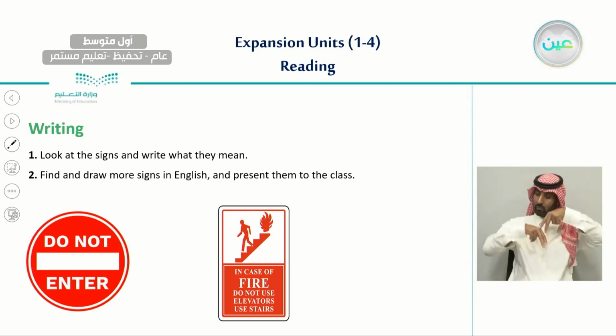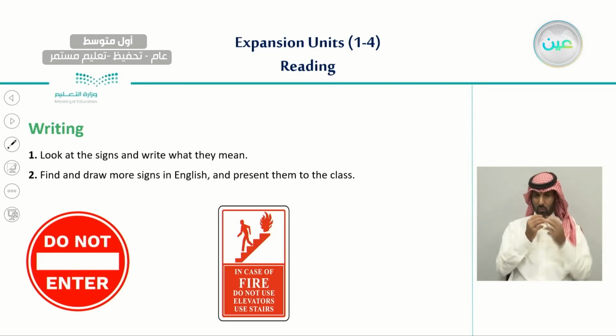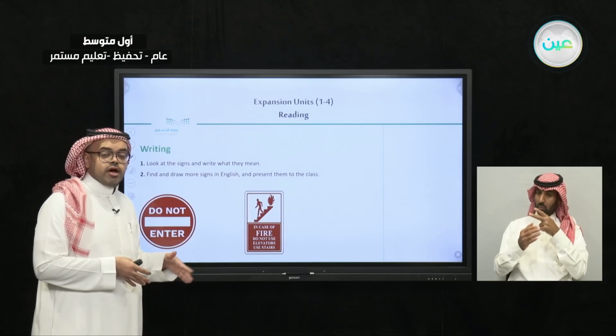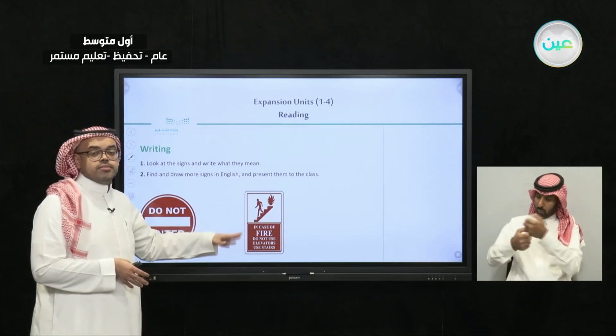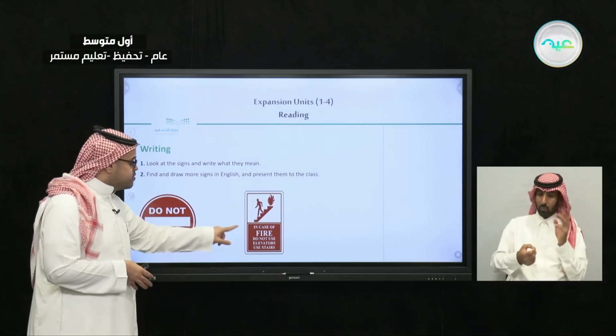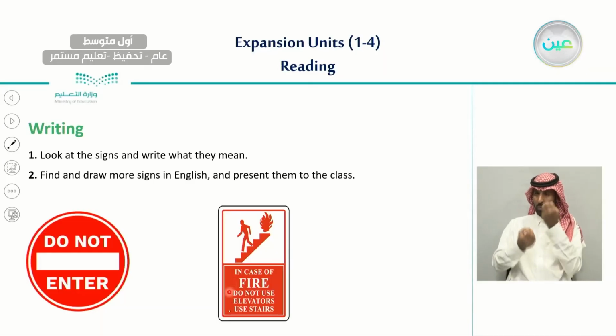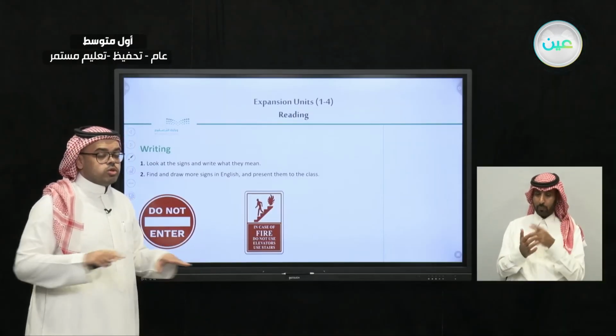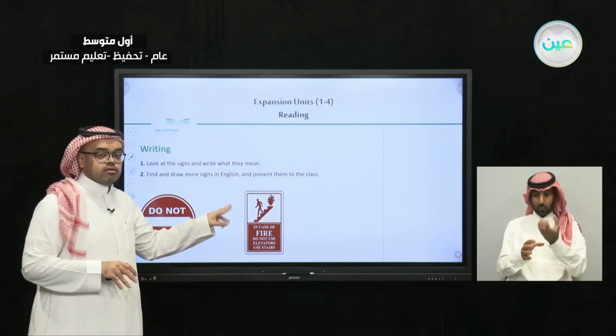The second sign here, and of course this is for emergency. If you are in a building, next to the fire exits, you will see similar signs. This sign says, in case of fire, do not use elevators, use stairs. So when there is a fire in the building, it's recommended that you don't use the elevators, you use the stairs instead.